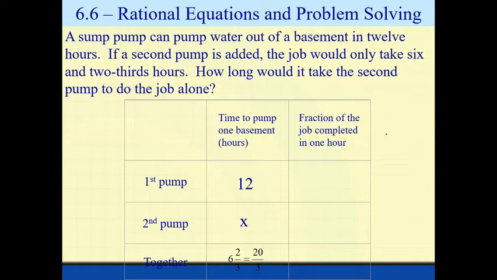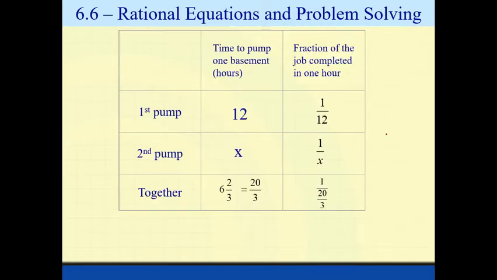Which is, by the way, 20/3 for your improper fraction. The fraction of the job for the first sump pump would just be 1/12. The second sump pump we don't know, so it's 1/x. So this is the rational part. And then we would place 1 over the improper fraction of 20/3. And so this is what our table would look like.